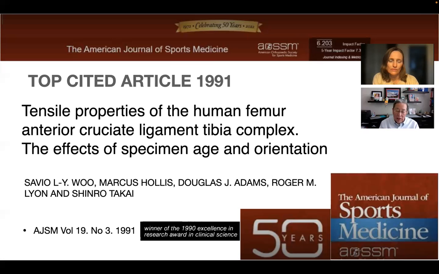With that in mind, we developed a very sophisticated testing apparatus that can measure not only the AP laxity of the knee, but also the tensile properties of the femur ACL tibia complex, FATC. We got really pretty good data out of this and significant findings as a result of this study.